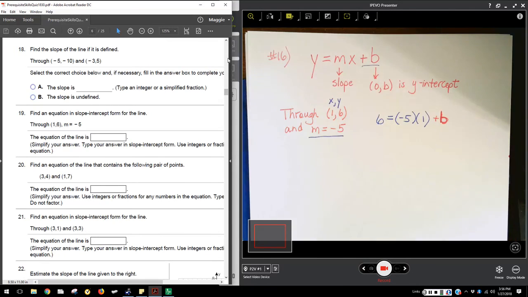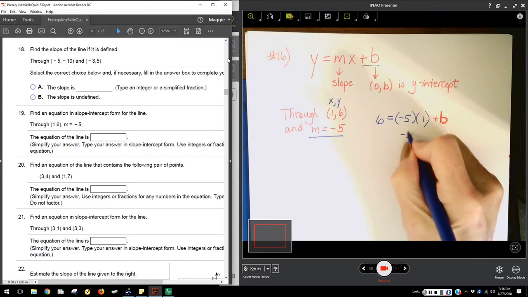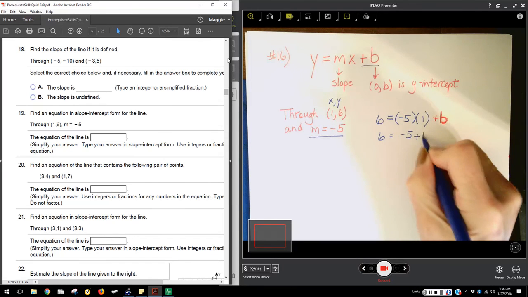And that's actually a very, very easy problem to solve, because negative 5 times 1 is negative 5. So 6 equals negative 5 plus b.